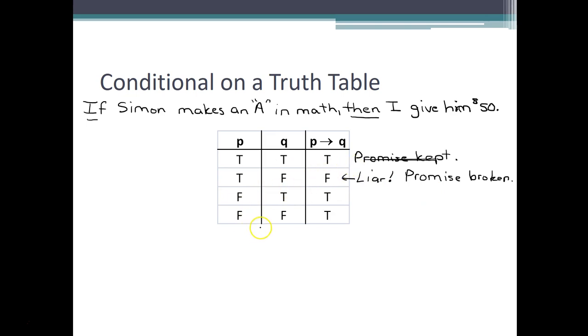Third and fourth scenarios are a little different. In the third and fourth scenarios, he didn't make his A in math. He might have worked hard, but maybe he just couldn't quite do it. Maybe he made a B or a C. So at that point, if the antecedent doesn't get met, then the follow-up, the giving him $50, can go either way.